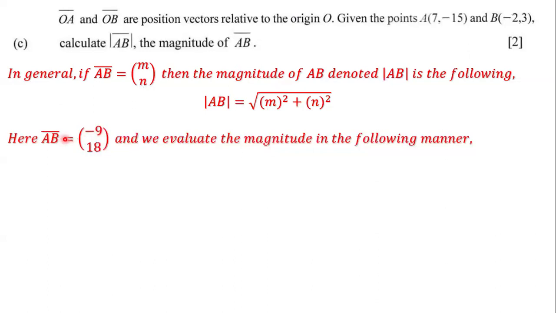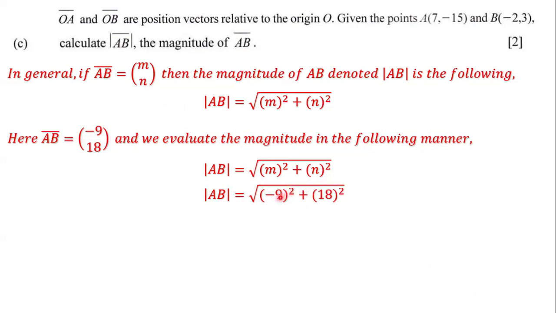So AB is equal to (-9, 18), and we evaluate the magnitude in the following manner. The magnitude of AB is the square root of (-9) squared plus 18 squared. -9 squared is 81, and 18 squared is 324. We add these two results and get 405.